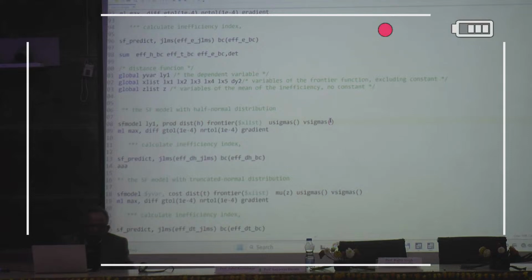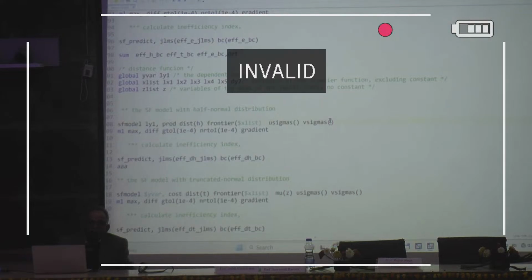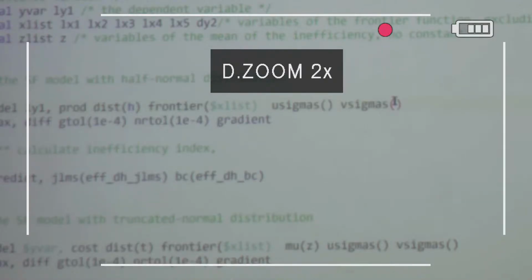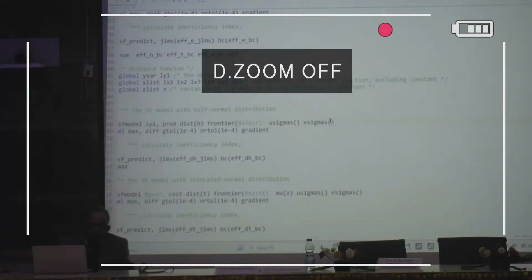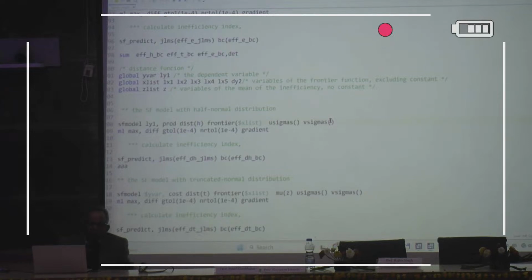I just told you that you can also put some variables to indicate that the variance of the noise is not IID. It is heteroscedastic, and the variable that you put in there will be explaining the heteroscedasticity. Okay, so that kind of gives you the entire picture.